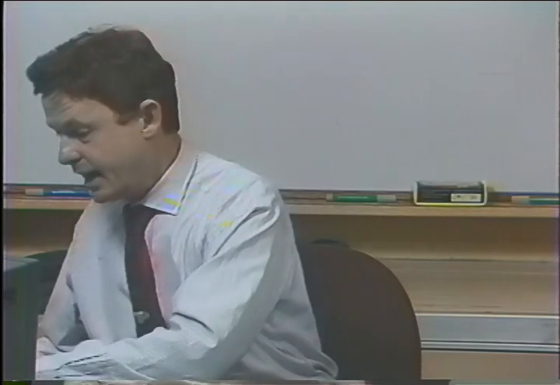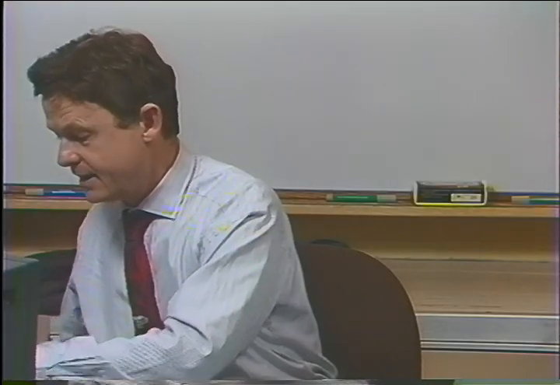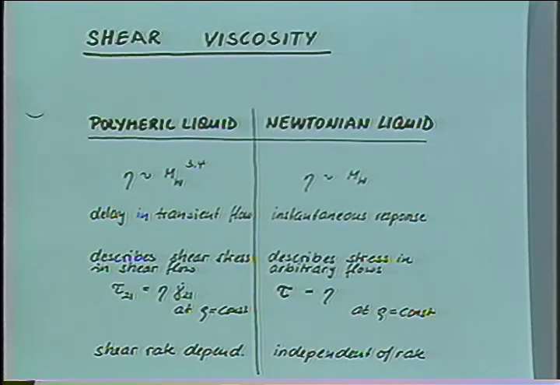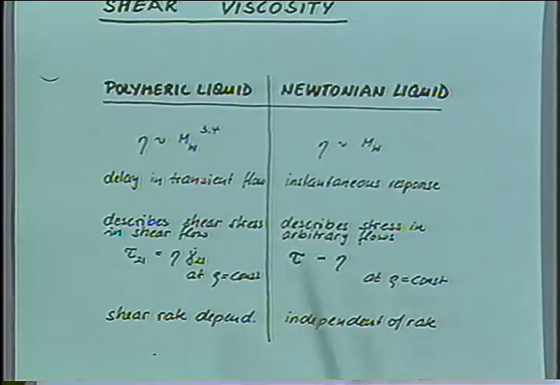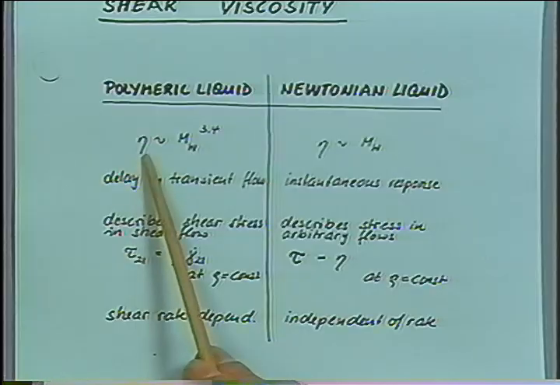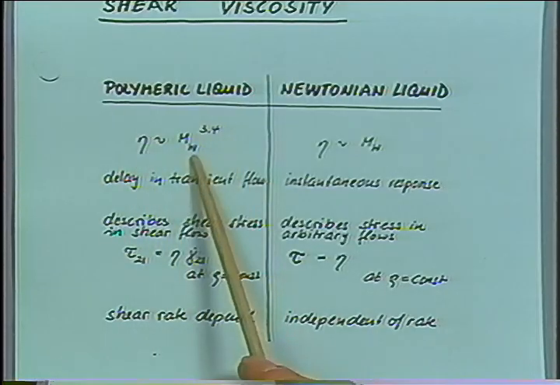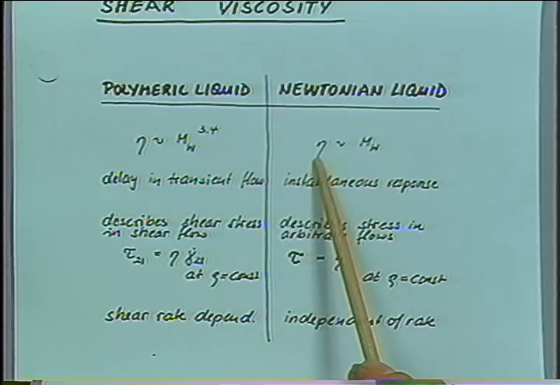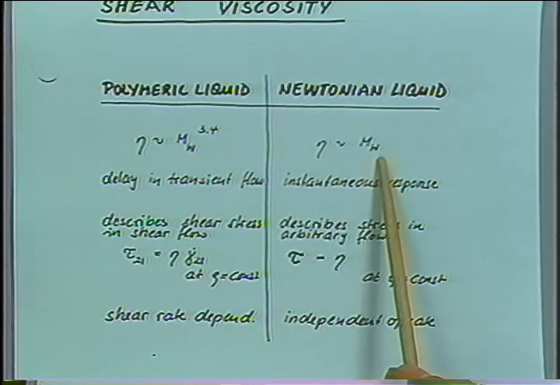So I would like to compare the two viscosities. Actually, I didn't even bring that. I will bring that next time for you. This is the viscosity defined for a polymeric liquid, and this viscosity depends on molecular weight to the 3.4 power, and the viscosity of a Newtonian liquid is linear with molecular weight.